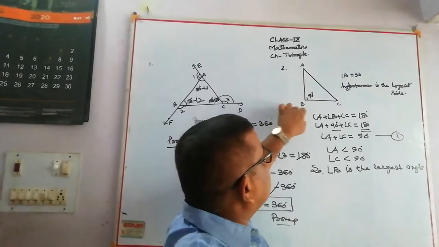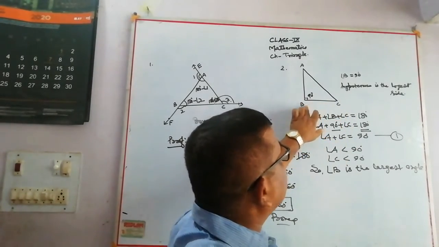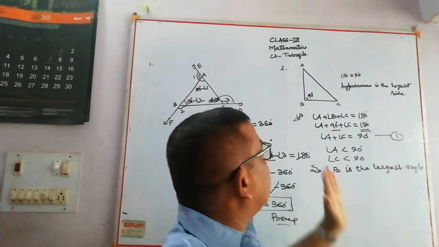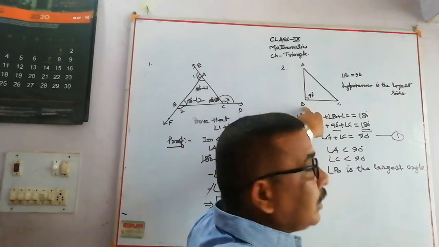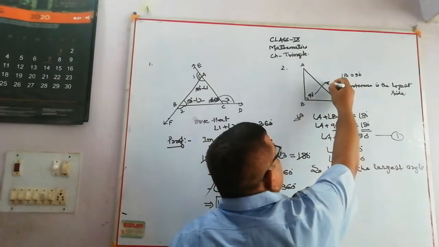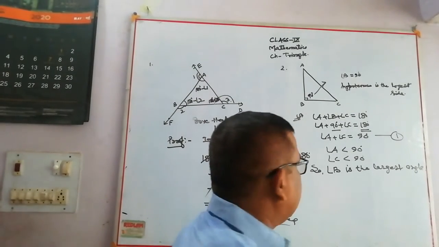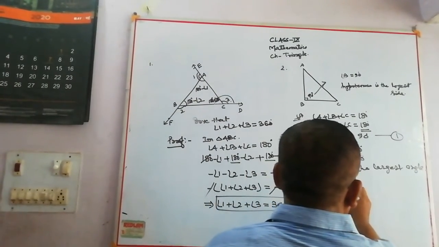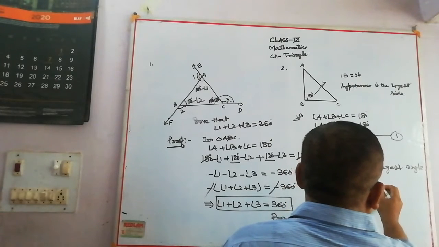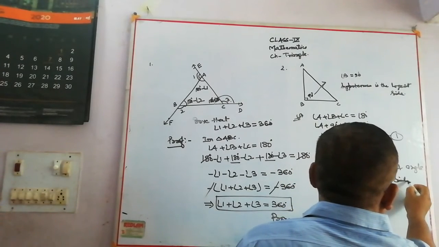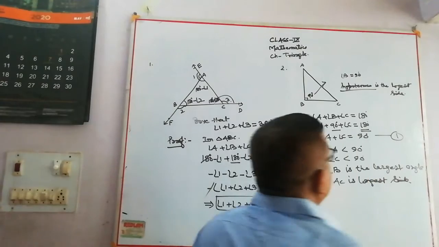Comparing A, B, C, you find angle B is the largest angle, and the side opposite to the largest angle is the largest side. Hence, AC is the longest side. Also we say the hypotenuse is the longest side.